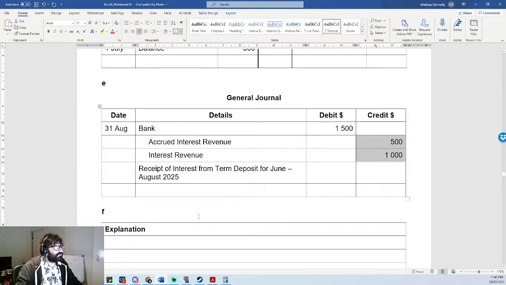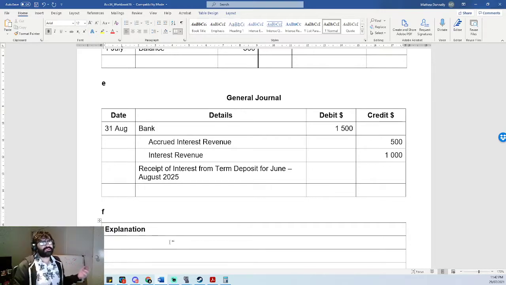F, explain. Explain why only some of the interest received on the 31st of August 2025 should be reported for the year ended 30th of June 2026. So essentially it's what I've just said.